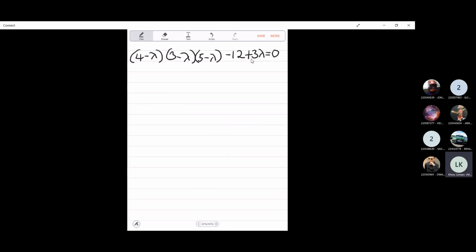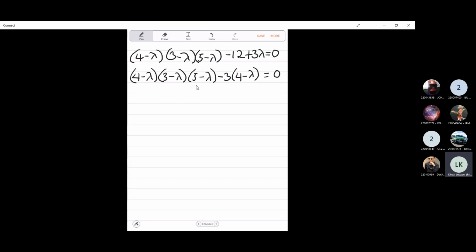Then here I can factor out 3 or negative 3. So I have 4 minus lambda, 3 minus lambda, 5 minus lambda, and then minus 3. I have 4 minus lambda. This is equal to 0.